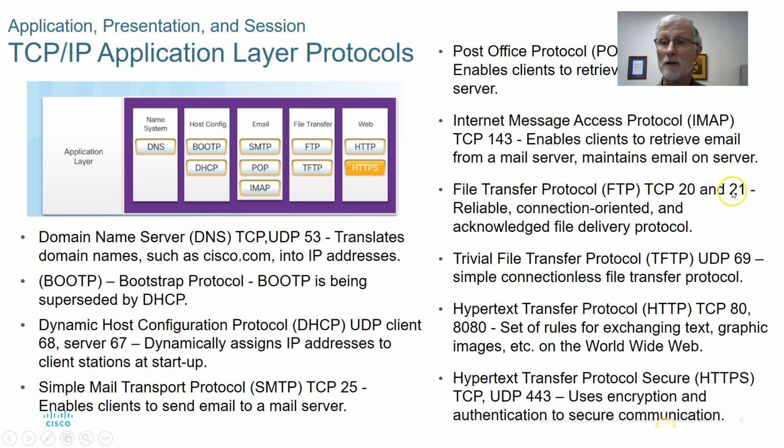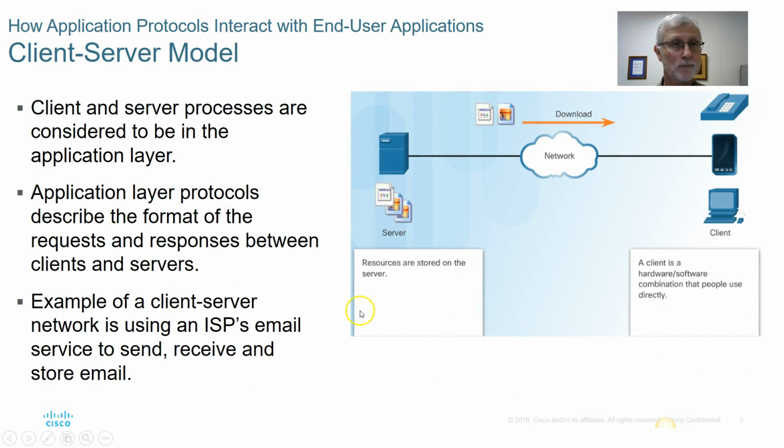It's got 2 ports, one for control, one for data. We'll go into a little bit of that. I think one of the labs, you're going to use TFTP, trivial file transfer, and you're going to use FTP. I think those are the 2 for the lab you're going to be playing with. And of course, you've used in your real life HTTP and HTTPS applications.